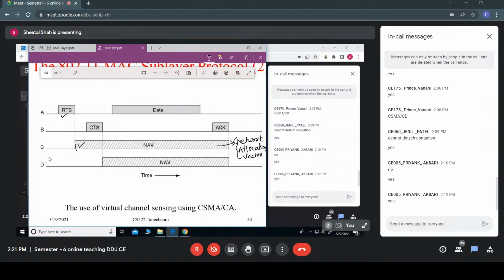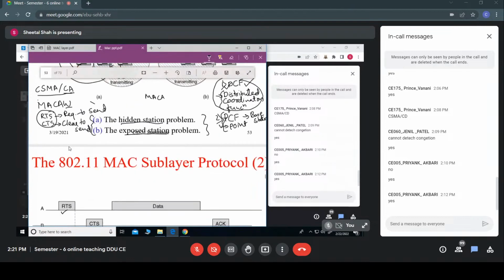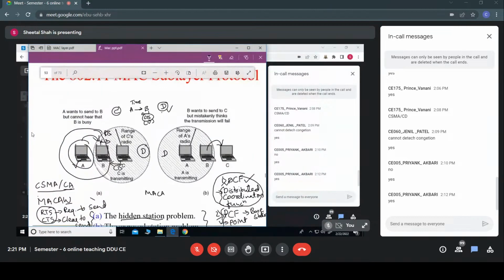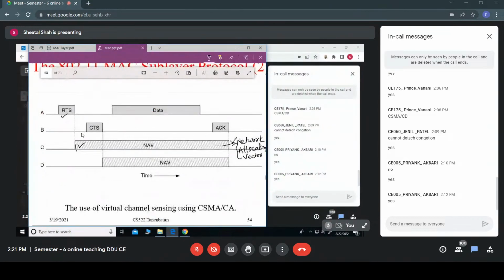And when the CTS is received by station D, you can see that D is nearer to station B, and station B is sending the CTS, which has that timing information. So when the CTS is received by station D, because station D is not receiving this RTS, it cannot hear this RTS, but it is able to hear this CTS.